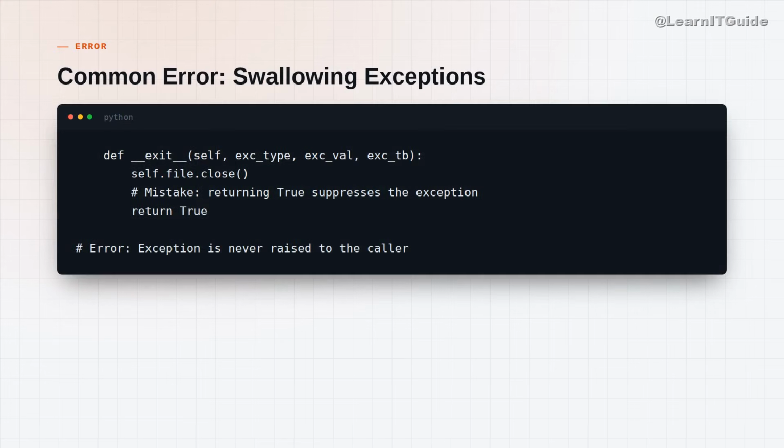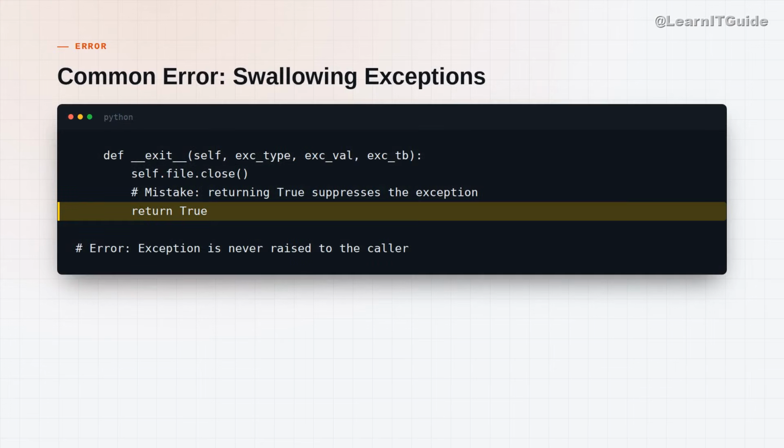One of the most dangerous mistakes is returning True in your __exit__ method without intending to. If you return True, Python assumes you have handled the error and suppresses it entirely. This is a massive trap because your application might enter an invalid state without ever alerting you to the underlying crash.